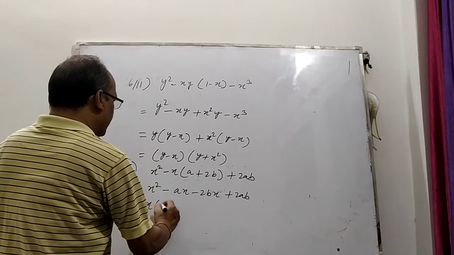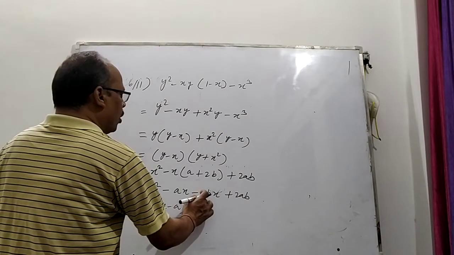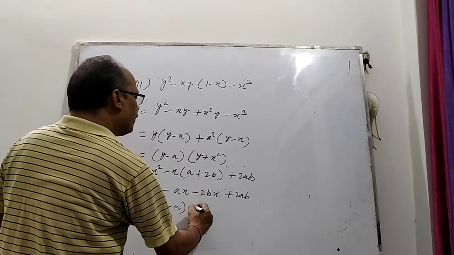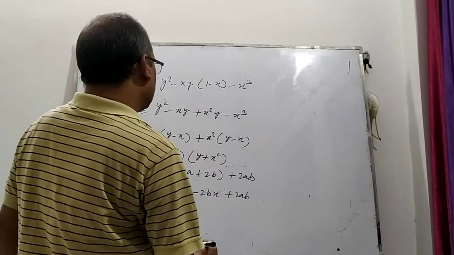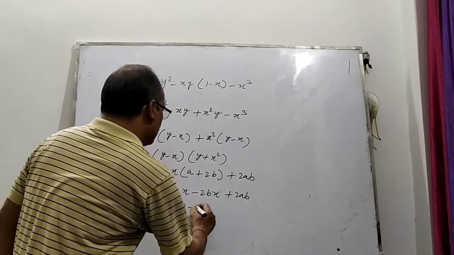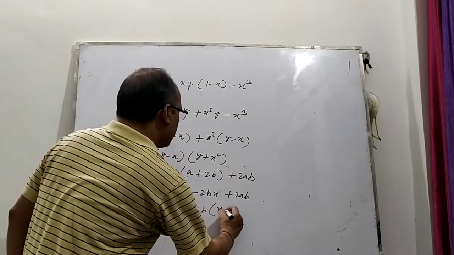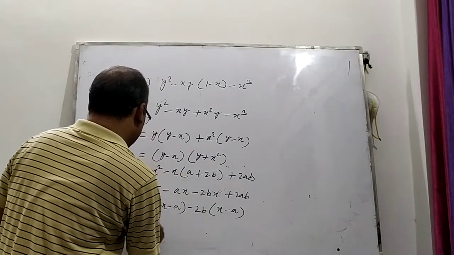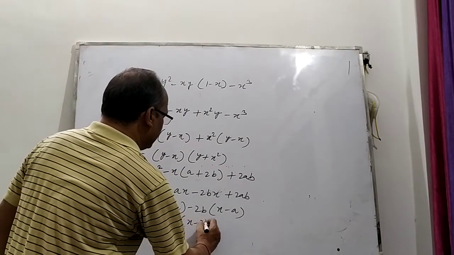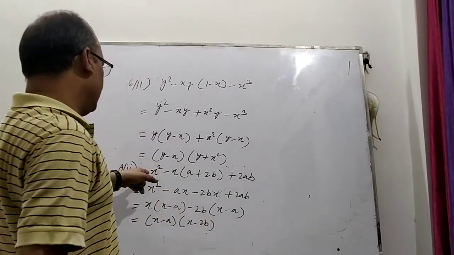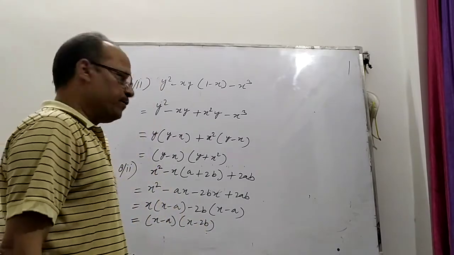So x is common, x minus a, and minus 2b is common, so x minus a. Now this will be x minus a and x minus 2b. This is the factorization of this question. Clear?